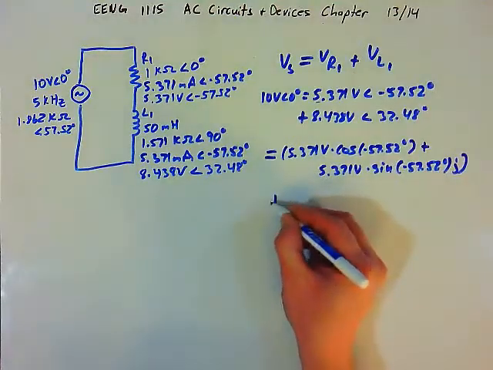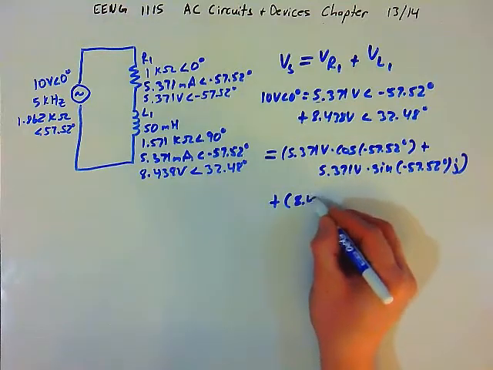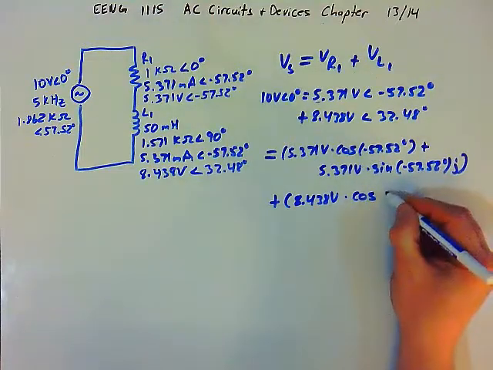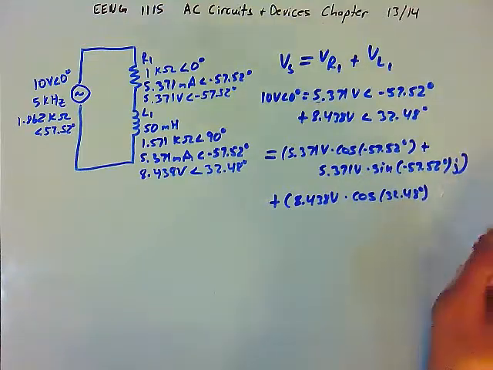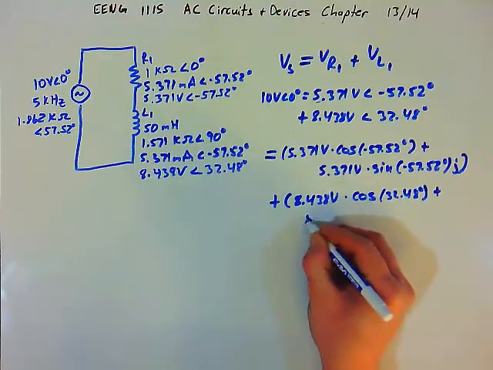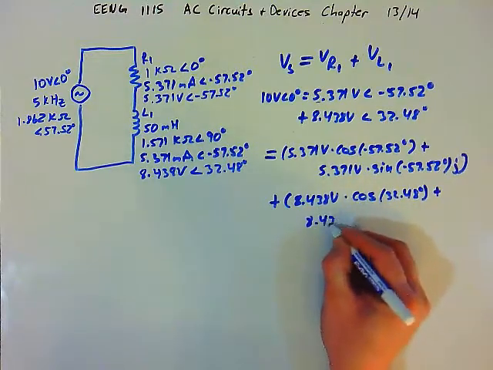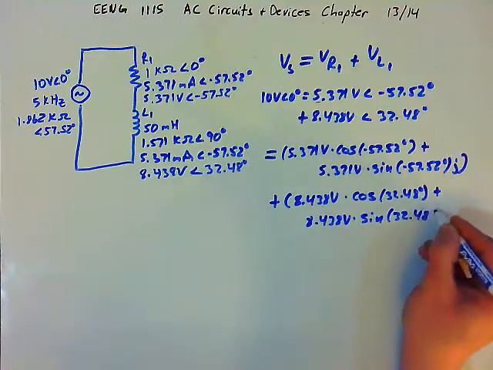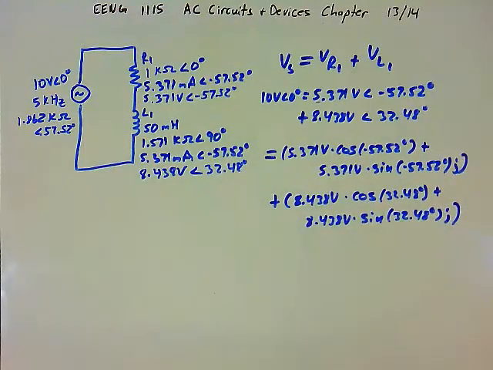And then we're adding to that the second vector, which is the inductor's voltage drop, 8.438 volts times the cosine of 32.48 degrees, plus the y component, which will be 8.438 volts times the sine of 32.48 degrees. And that'll be the j component, the y component. So let's calculate this out. We will find the x and y components.